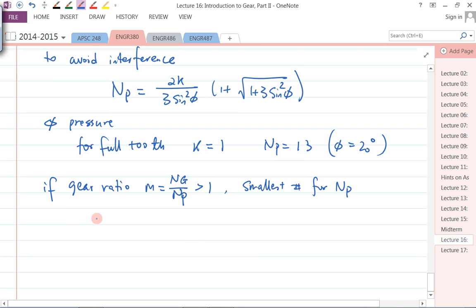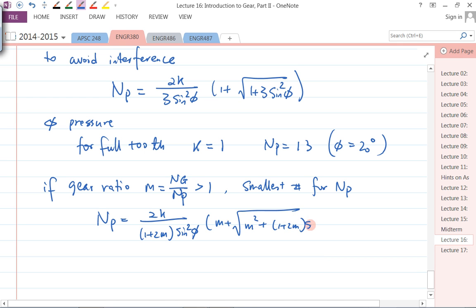Is this. So NP equal to 2K over 1 plus 2m sine square phi, times m plus root m square plus 1 plus 2m sine square phi. Okay, so that's your NP.